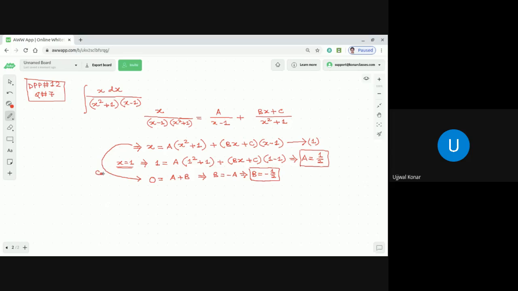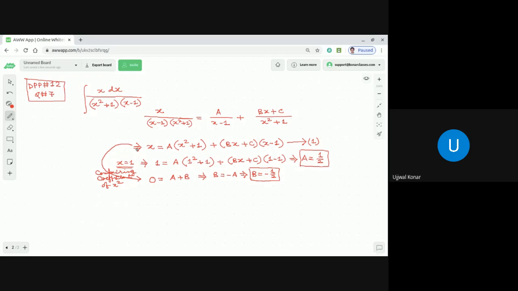So comparing the coefficient of x square. Now what we are going to do is apply the value x is equal to 0.